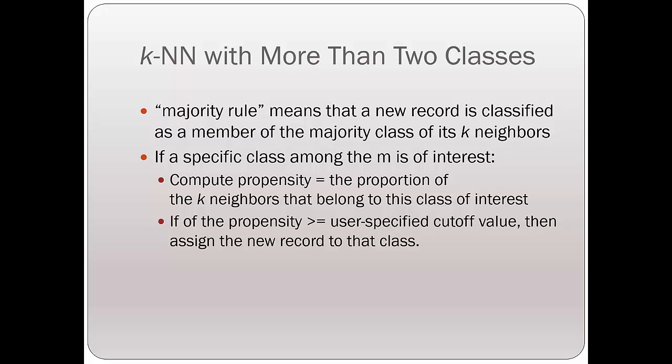Now let's look at the KNN method when we have more than two classes. The examples in Excel and in SAS, we looked at a binary target where you have only two classes.